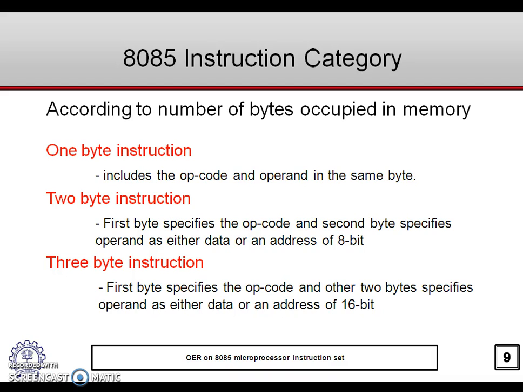So here you will see that always the first byte is for opcode and rest of the bytes are for operand in case of 2 byte and 3 byte instructions. While in 1 byte instruction, both opcode and operand are in the same byte.